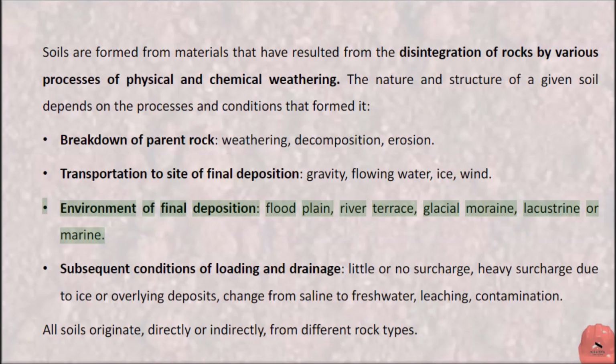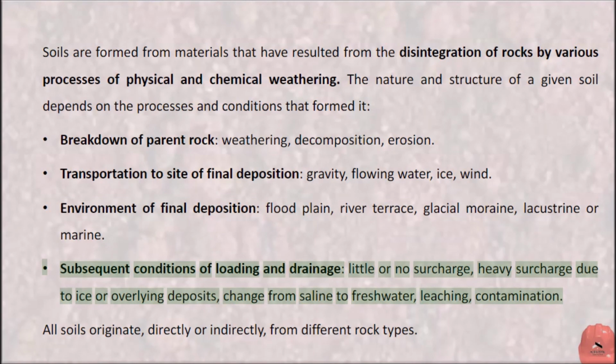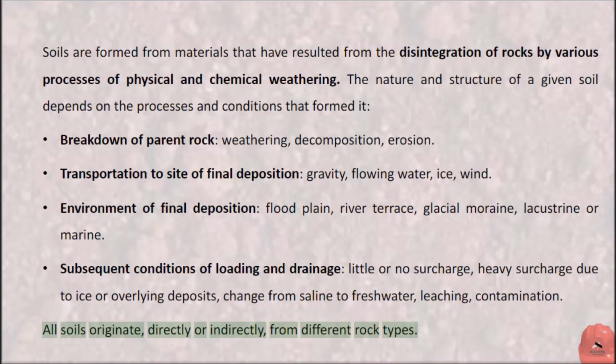Environment of final deposition: flood plain, river terrace, glacial moraine, lacustrine or marine. Subsequent conditions of loading and drainage: little or no surcharge, heavy surcharge due to ice or overlying deposits, change from saline to fresh water, leaching, contamination. All soils originate, directly or indirectly, from different rock types.